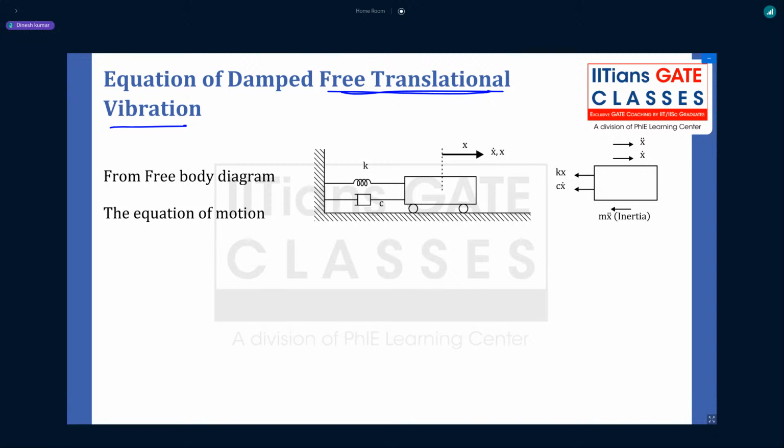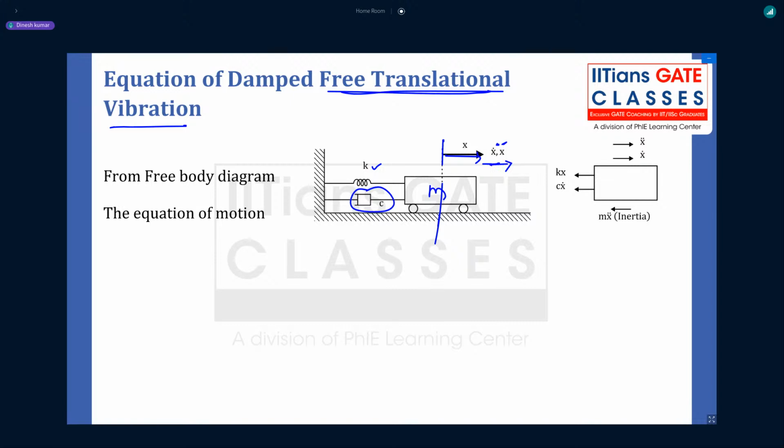Okay, so you can see there is a spring-mass system with damping c, k is the stiffness of the spring and this is the mass. Now guys, this mass is moving from the equilibrium position by some distance x. So there is a velocity and acceleration in this direction.